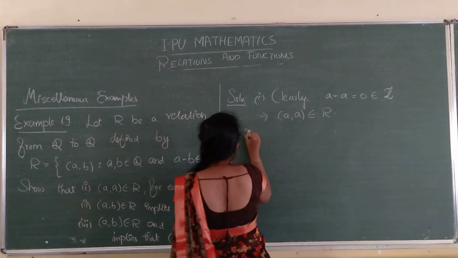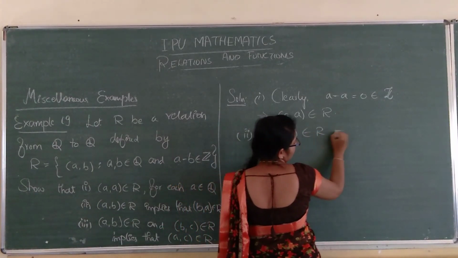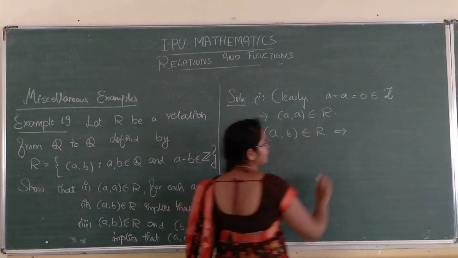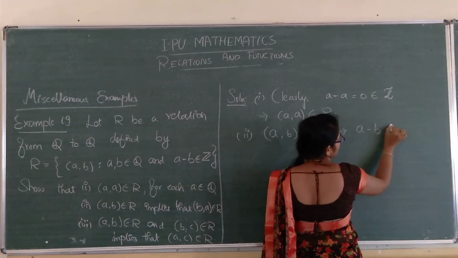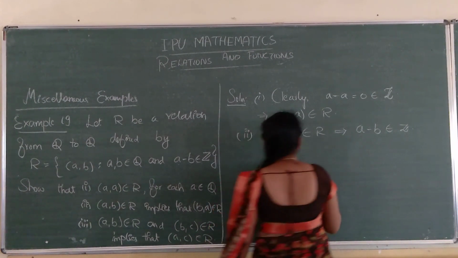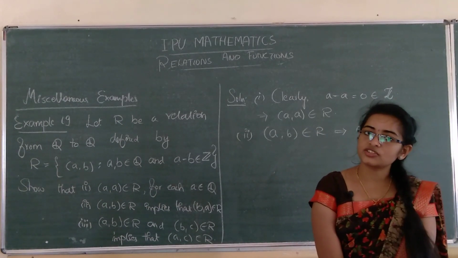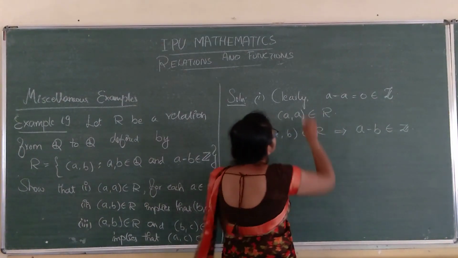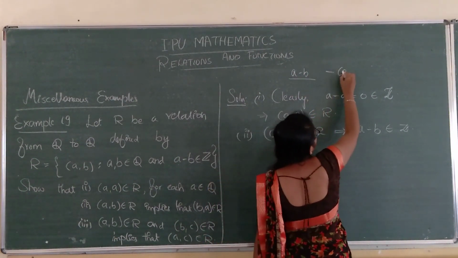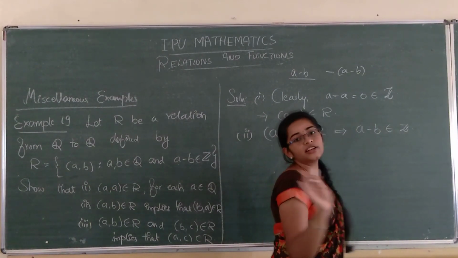See, simple. The second one is, we are given that the ordered pair (a, b) belongs to R. What does that imply? a, b both are rational numbers and a minus b belongs to Z, that is, a minus b is an integer. If a minus b is an integer, then minus of (a minus b) is also an integer, right? If 2 is an integer, then minus 2 is also an integer.